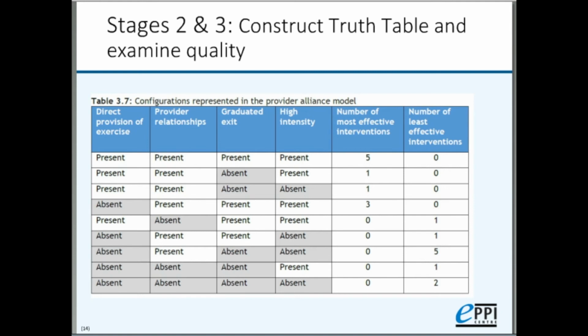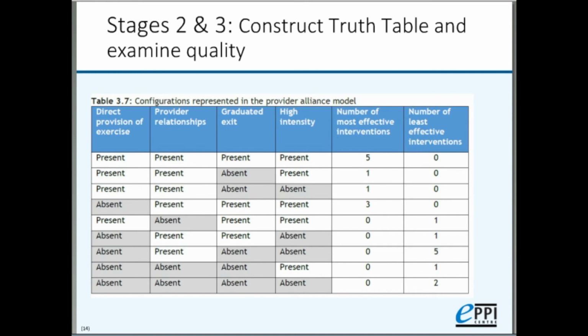So this is where we're moving from looking at individual conditions and individual cases to looking at configurations of conditions and our sets, our most effective set and our least effective set. So you can see in the first row here that we have a configuration which involves direct provision of exercise, and it also involves having those opportunities to develop good relationships with providers.